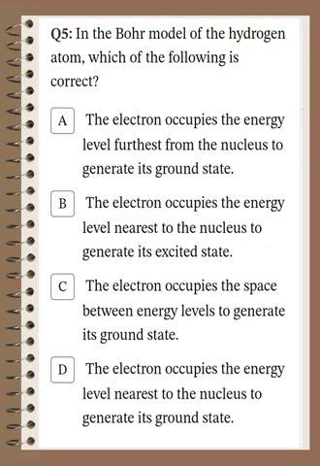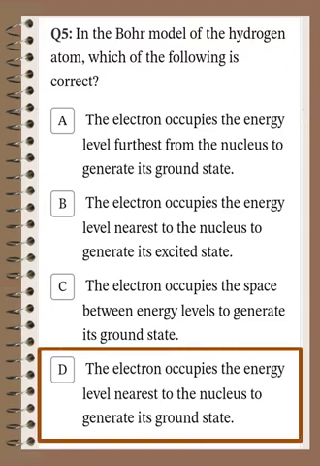Almost it will be wrong. The electron occupies the energy level nearest to the nucleus to generate its ground state. What do you think about it? I think it will be number D. The electron occupies the energy level nearest to the nucleus, as it has the smallest energy, to generate its ground state.